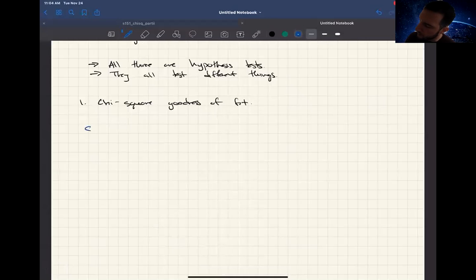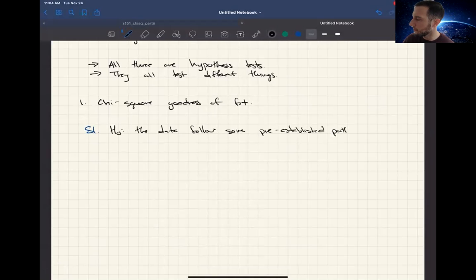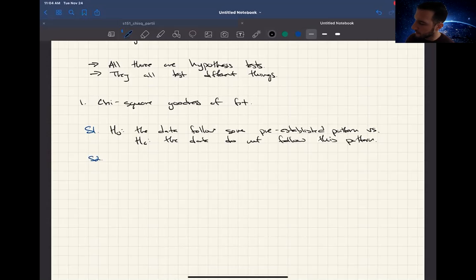On step one, we have H0, the data follow some pre-established pattern versus HA, the data do not follow this pattern. Okay, on step two, we have state alpha.